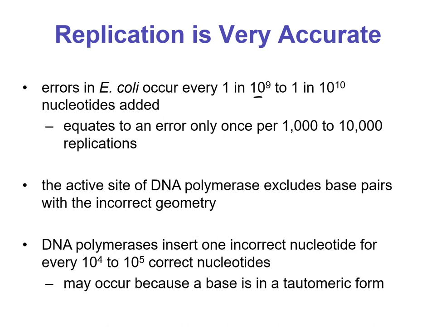So they will actually insert an incorrect nucleotide every 10 to the 4th to 10 to the 5th correct nucleotides. So you can have tautomerization of the bases, because remember, we're talking about chemicals in solution. And whenever there is resonance, you can lose a hydrogen, gain a hydrogen, all of those things are happening.